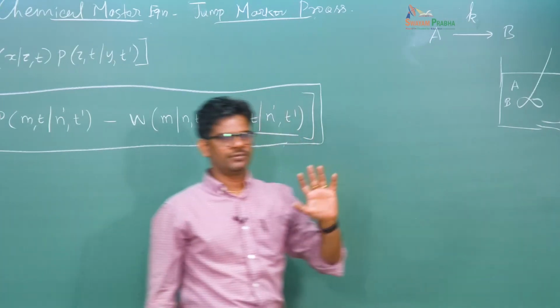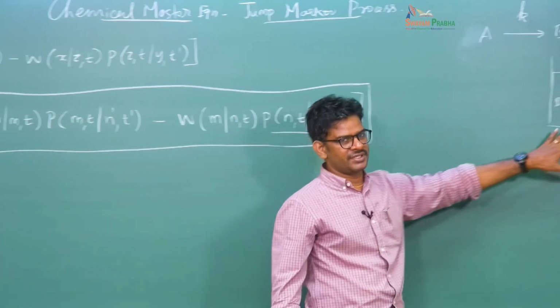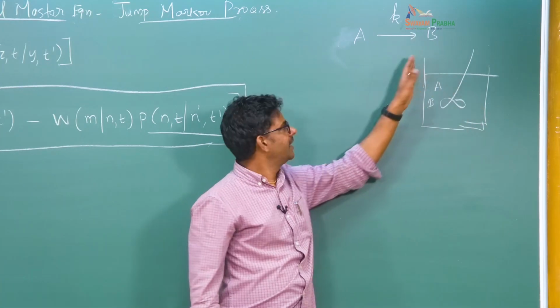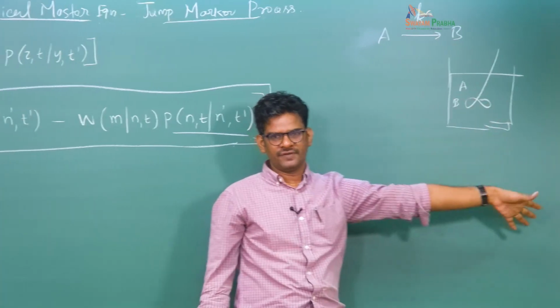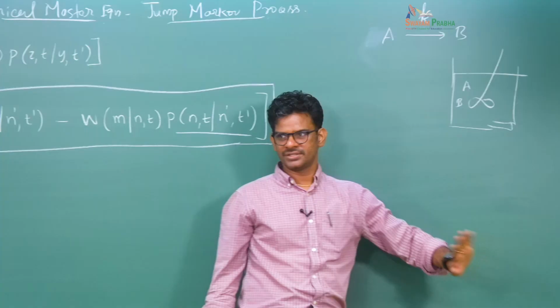Typically we solve this from a deterministic framework. We write the rate of change of A equal to some k times CA, which gives a first order ODE, and then you solve it with a known initial condition.